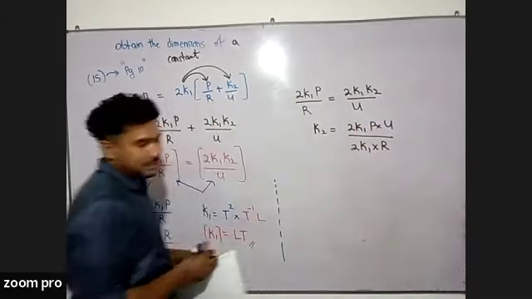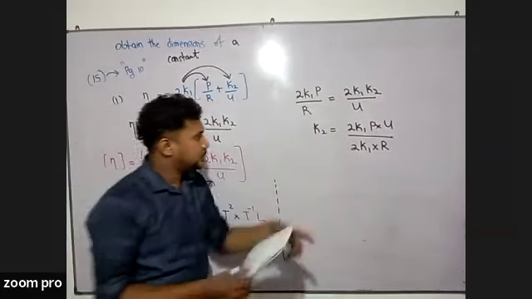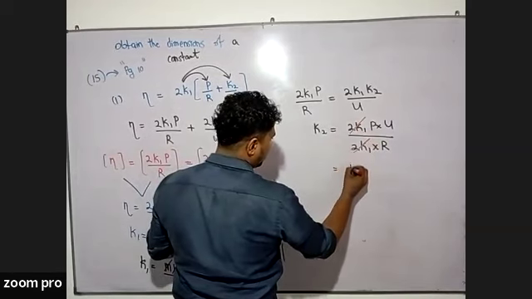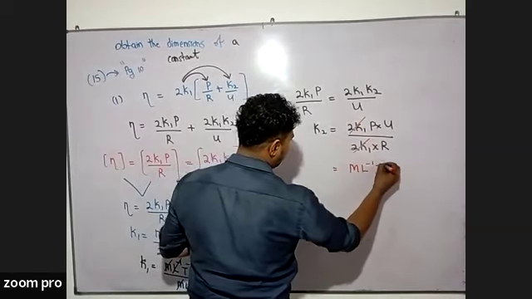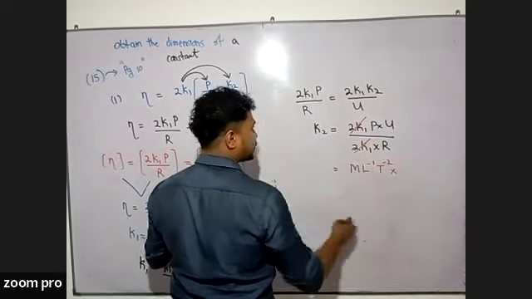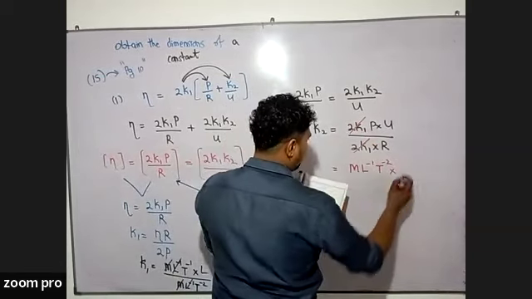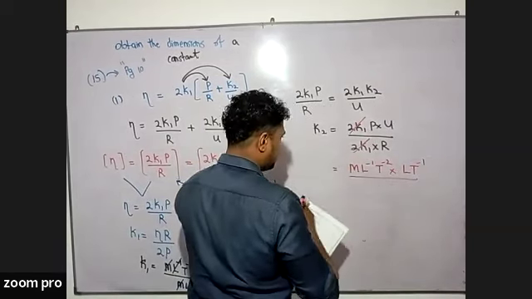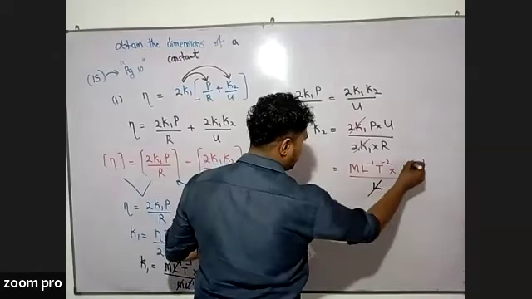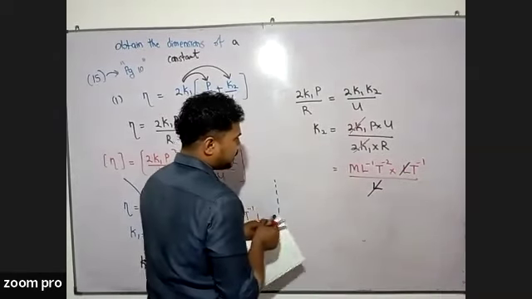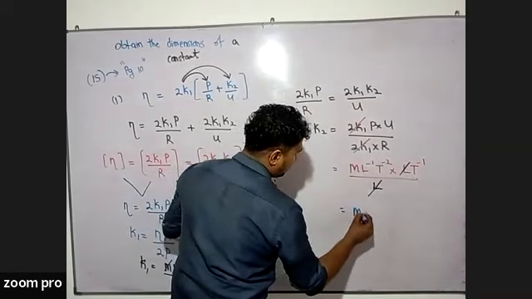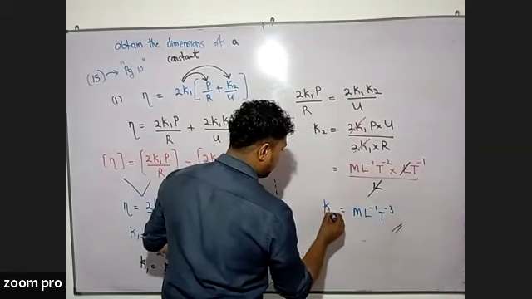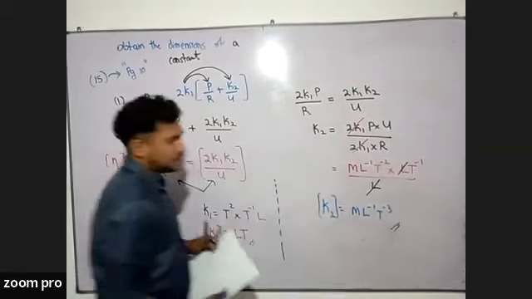You can clearly see that you can cancel these two, right? Then p means pressure, m l minus 1 t minus 2. u means velocity, that is l t minus 1, over r means length, so it should be L. If I further simplify this, I am able to cancel it, and it is l minus 1 t minus 3. So that is the dimensions of k2, right?